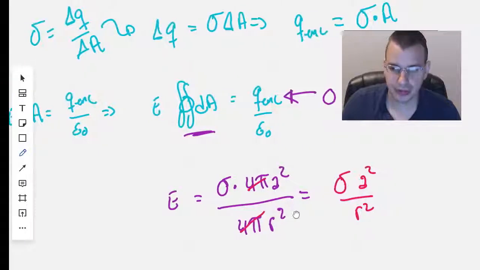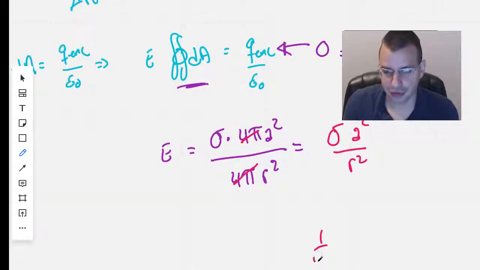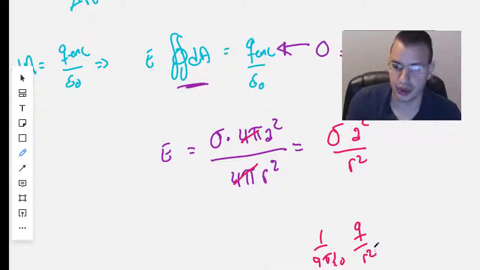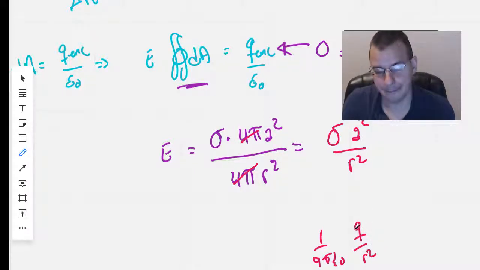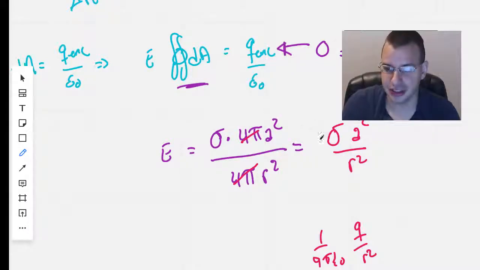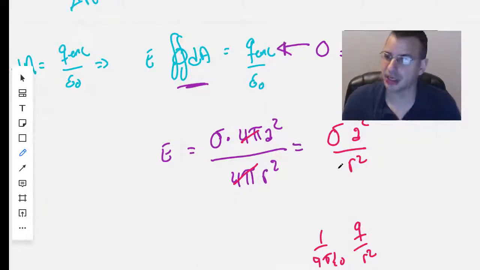And then this will be kind of like a point charge. You remember a point charge, you have 1 over 4 pi epsilon naught q over r squared as how the electric field drops off at distance. And if you look at this, we have some amount of charge here that's again dropping off by an r squared distance, which kind of makes sense.